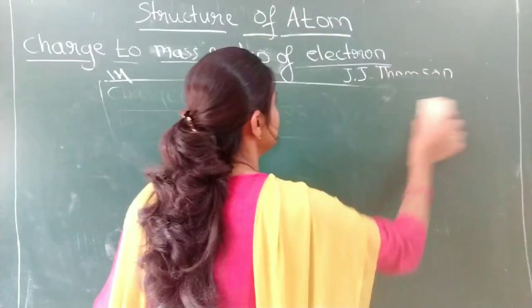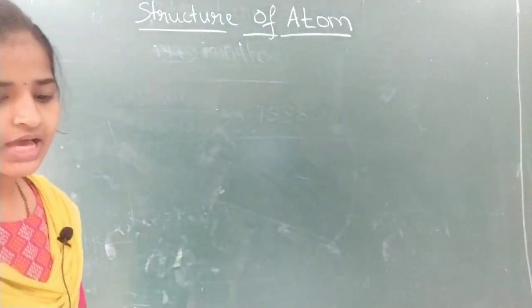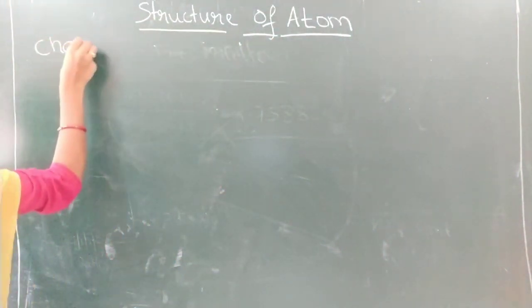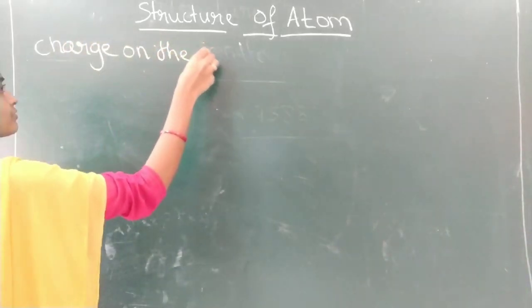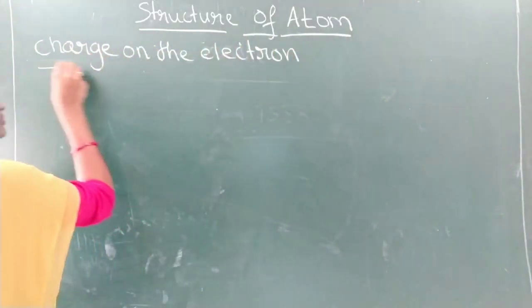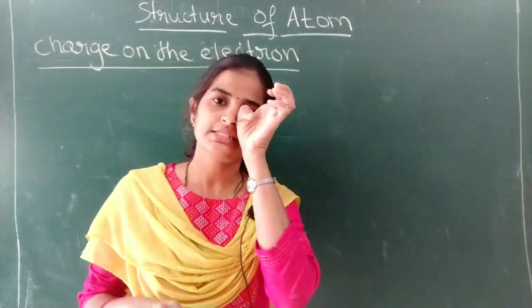Next you write the heading: charge on the electron. Some information about the electron was first given by scientist J.J. Thomson.